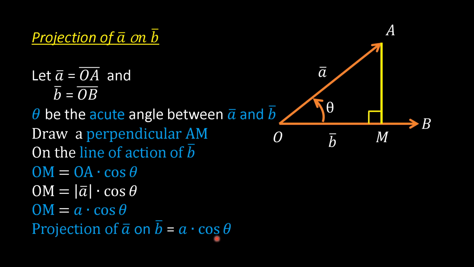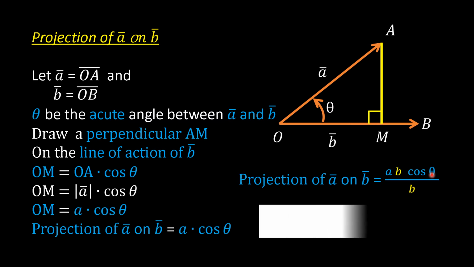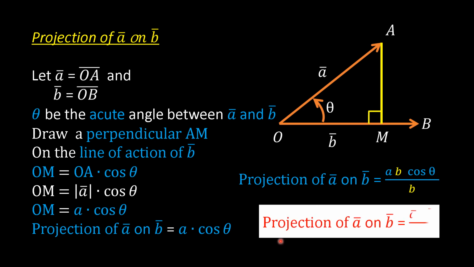Now we will write A cos theta as AB cos theta divided by B. Here we multiply numerator and denominator by B. Now AB cos theta is nothing but A bar dot B bar. So we have the projection of A bar on B bar equals A bar dot B bar upon B.